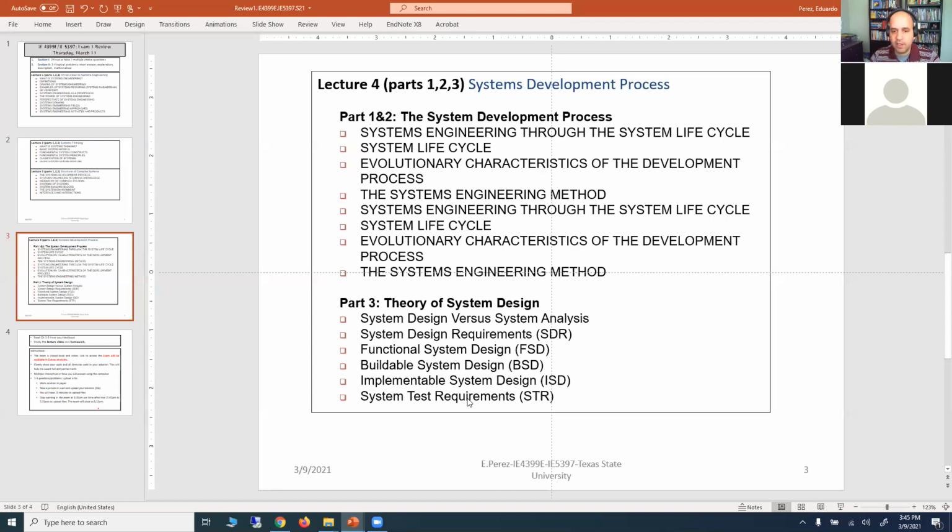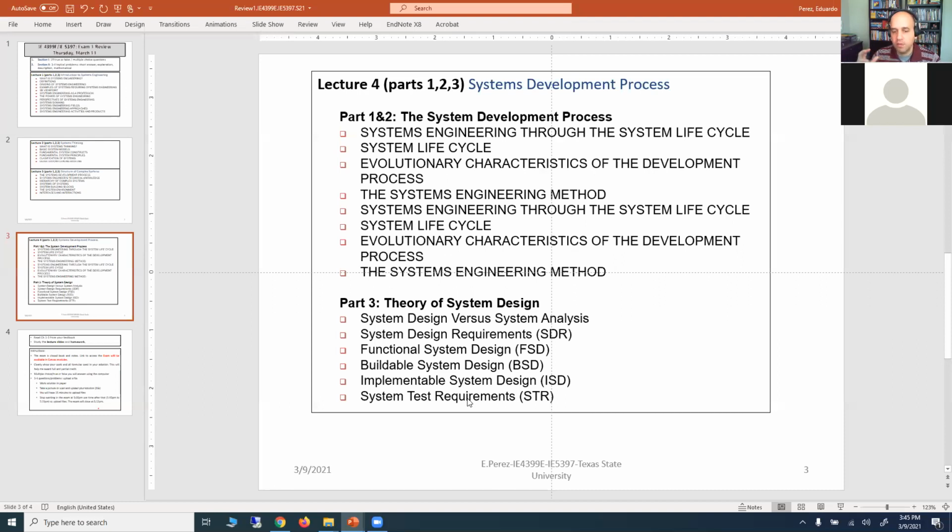And we discuss 6 different types of system requirements. So you should know about those and how those were used to, for example, develop a functional system design. So what requirements are needed for you to describe a functional system design? What type of requirements are needed for you to describe a buildable system design?